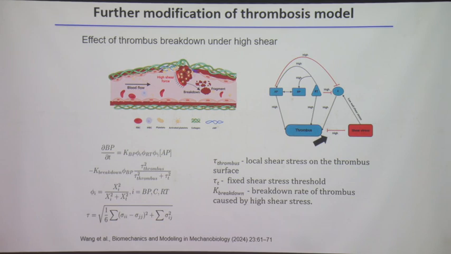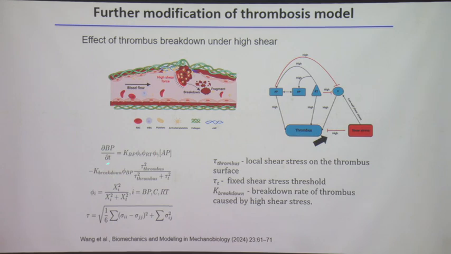So the current student made a slight modification to Claudia's model by adding these mechanisms, so that when the shear stress crosses a certain threshold, it can cause the thrombus to break down. So there is a breakdown mechanism built in.